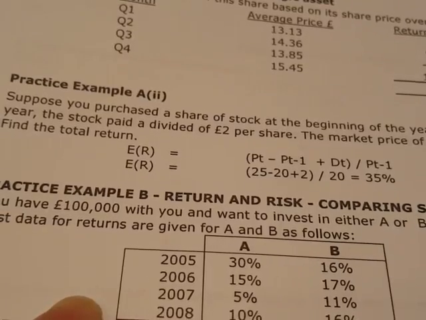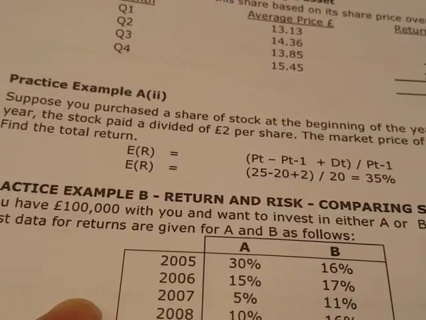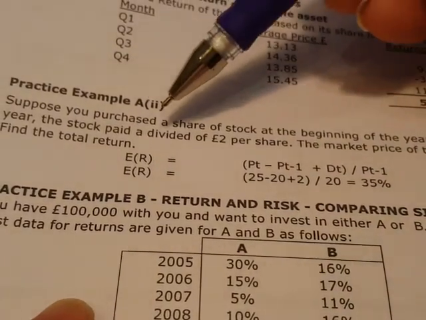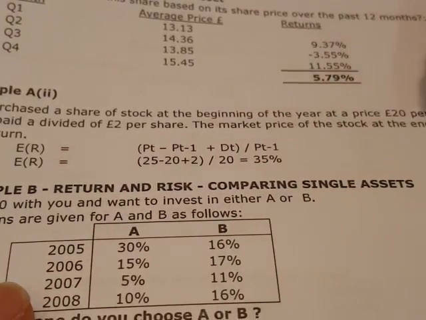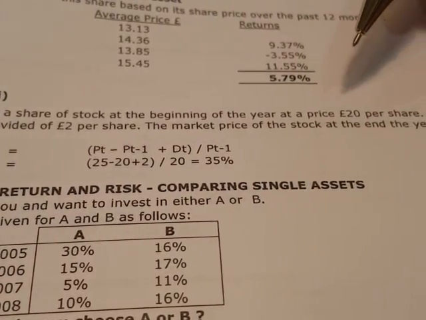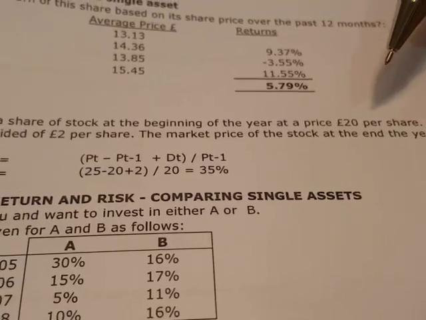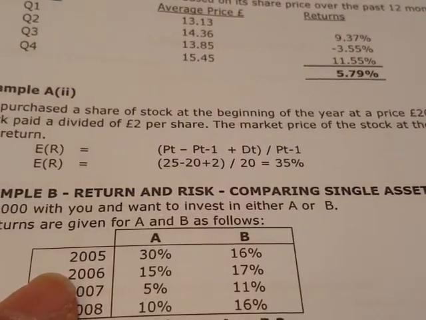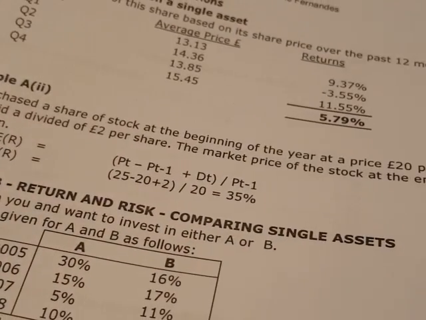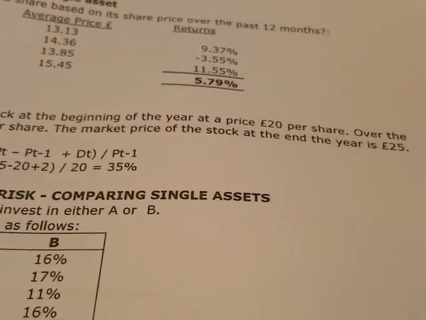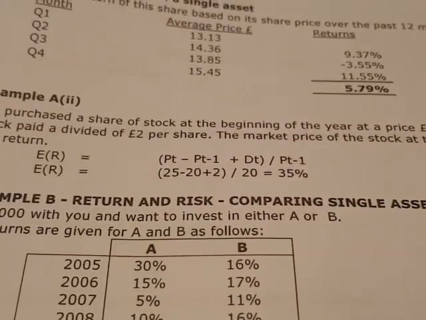If you look at the practice example 2 now, suppose you purchase a share of stock at the beginning of the year at the price of £20 per share, and the stock pays a dividend of £2, and the market price of the stock is 25 at the end of the year.